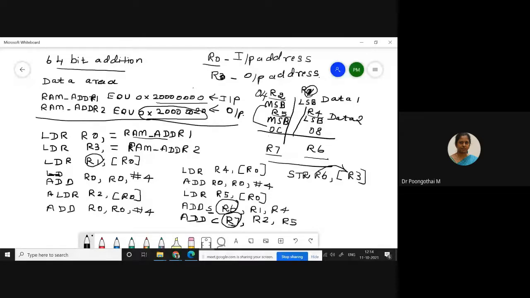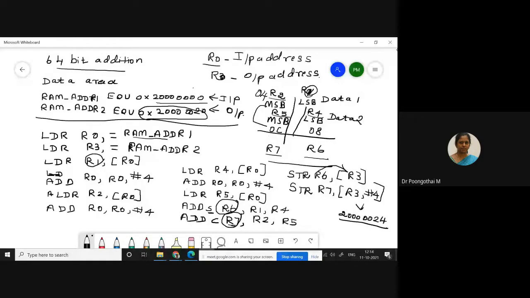So what is the next instruction? STR R7, comma, in bracket you can directly give R3 plus #4. This format is also allowed for incrementing the data pointer. So STR R7, comma, R3 plus #4.